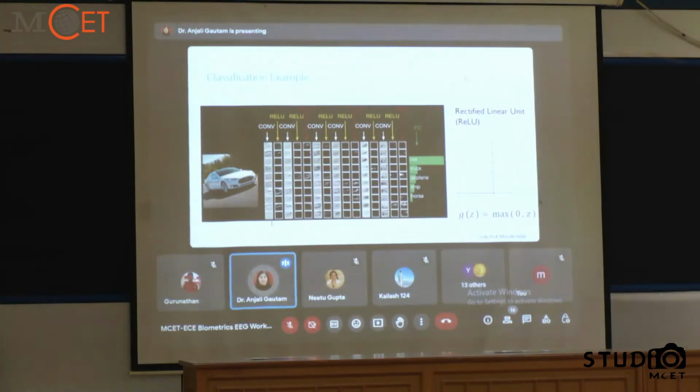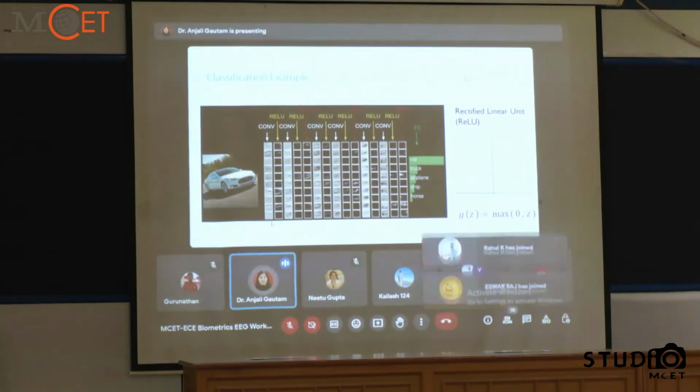It is not that only one kernel is used; we can use a number of kernels, and we will see in the architectures how many kernels they have used. Those kernels are known as the weight matrix, where the weight of each and every layer is stored. On the basis of those weights you are getting your results.